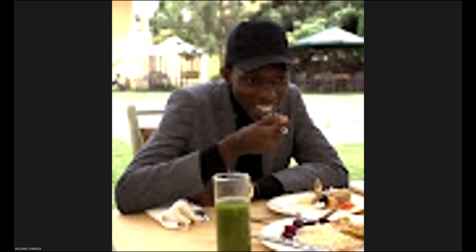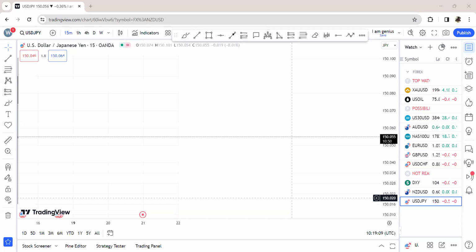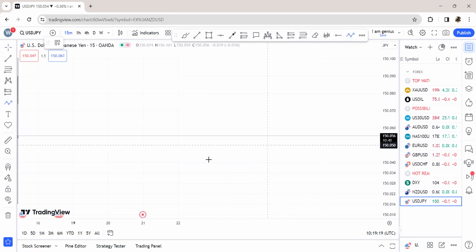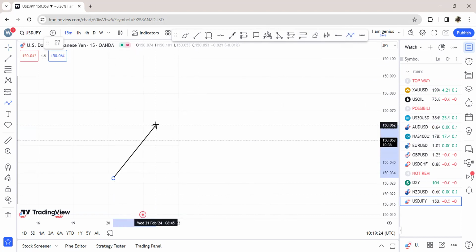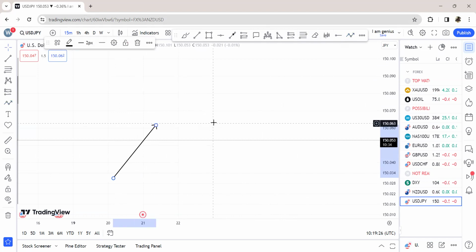All right, so today we want to look at market structure. Now, in order for us to look at market structure effectively, I would like to draw our attention to the three types of markets that we have. So we have an uptrend, which means the market is moving upwards like that.